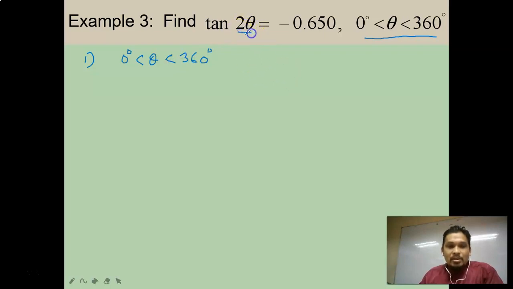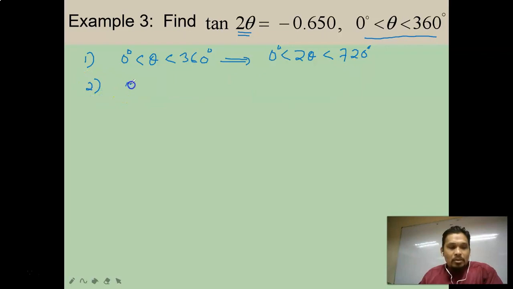Look at this one, tangent of 2 theta. 2 theta ranges from 2 times 0, which is still 0 degrees, up to 360 times 2, which is 720 degrees.